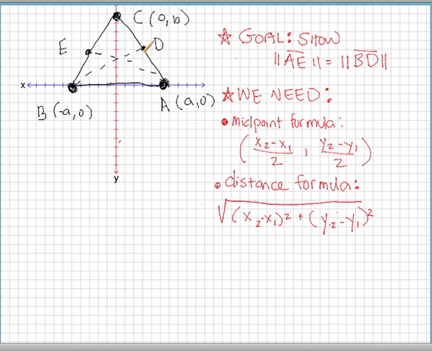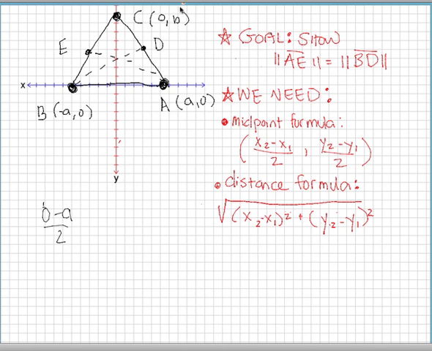The next thing we need to do is to find our points for D and E, which are the midpoints of the legs of this isosceles triangle. To do this, we're going to need the midpoint formula. To find the midpoint for CA or AC, I'll take the second x-coordinate and subtract the first x-coordinate, so it'll be 0 minus a, over 2.